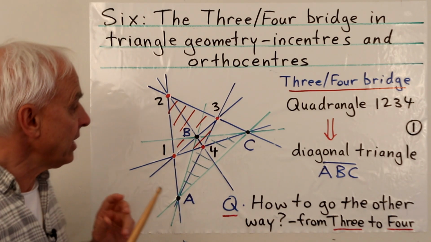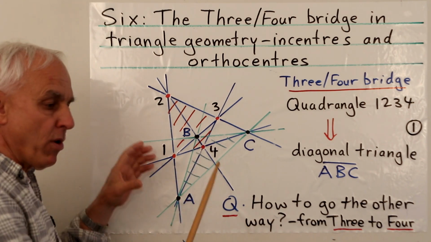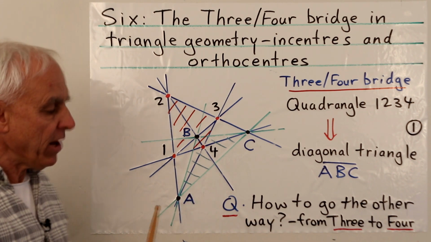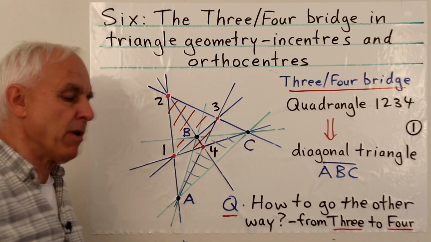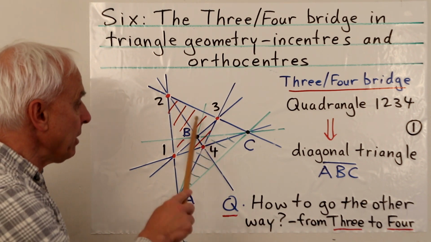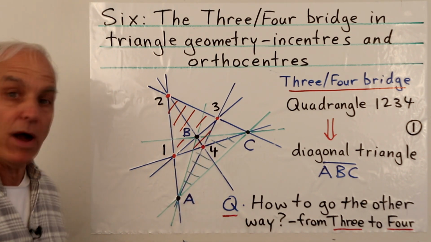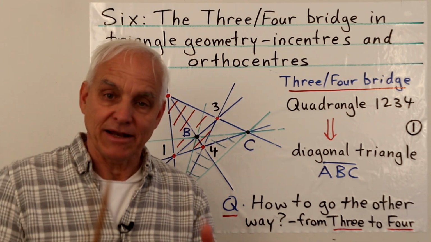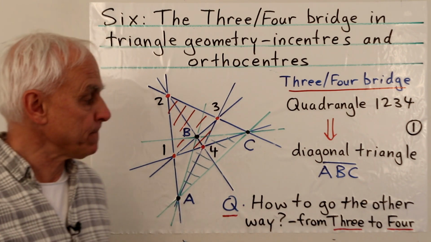In other words, it's possible for one of the points to be inside the triangle formed by the other 3. So perhaps you might like to draw a corresponding picture like that, where, say, the point 4 is moved from out here to being inside the triangle 1, 2, 3. Everything still works. We just get a different looking configuration.